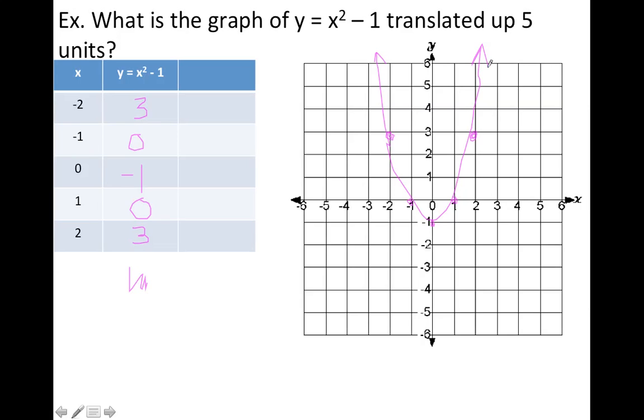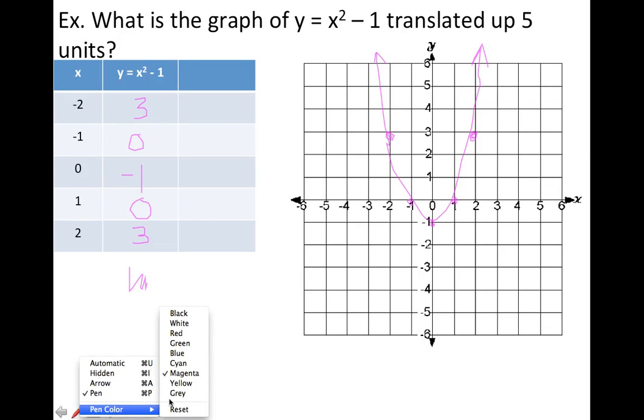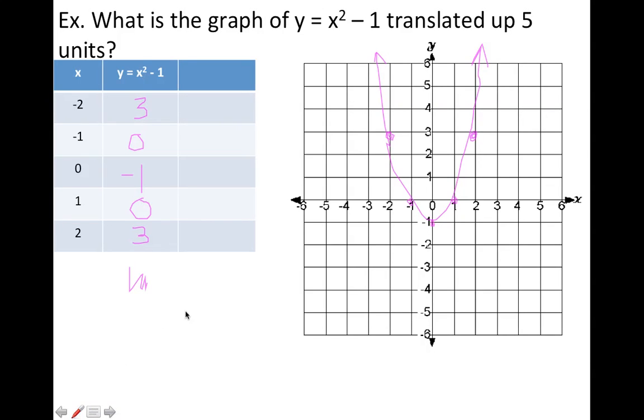Okay? And then it says we're translated up 5 units. So I'm going to do this in green. If we're going up 5 units, we start at 0 here and go up 5. We start at -1, 1, 2, 3, 4, 5, we'd be at 4. So at 0, we're at 4.